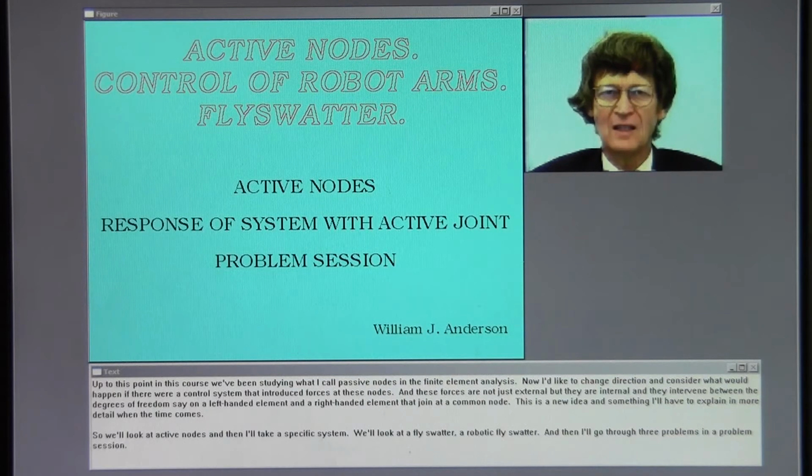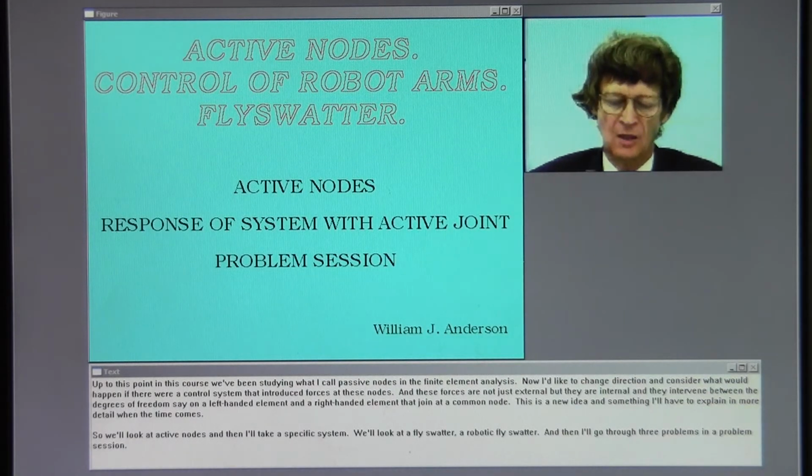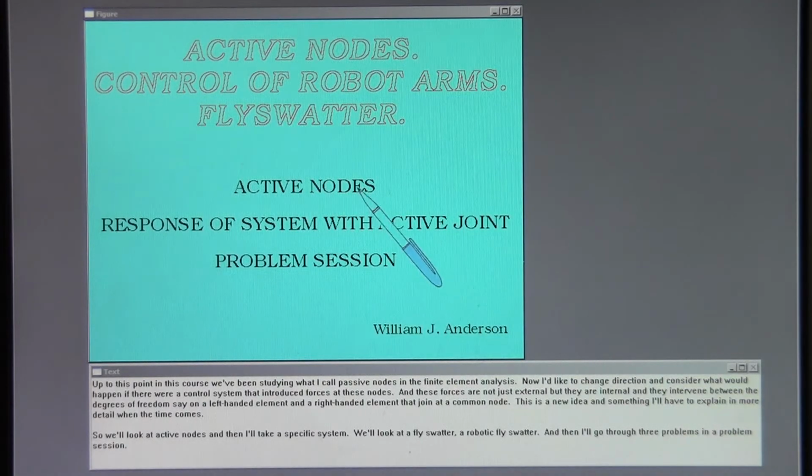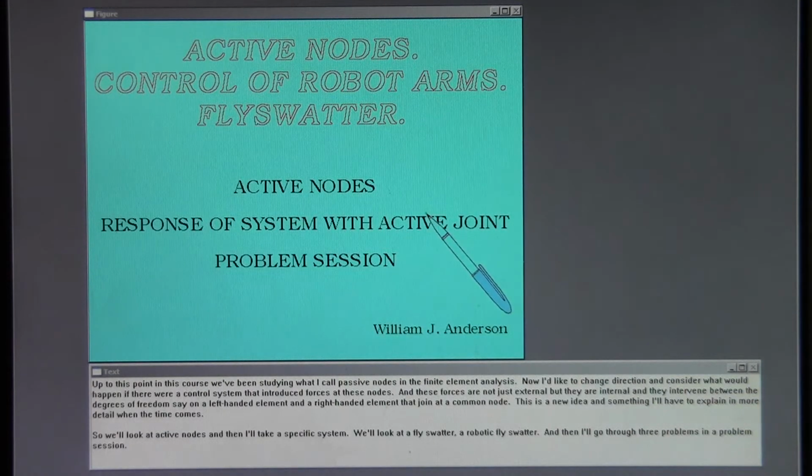This is a new idea and something I'll have to explain in more detail when the time comes. So we'll look at active nodes, and then I'll take a specific system. We'll look at a fly swatter, a robotic fly swatter, and then I'll go through 3 problems in a problem session.